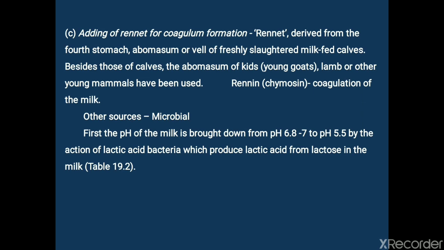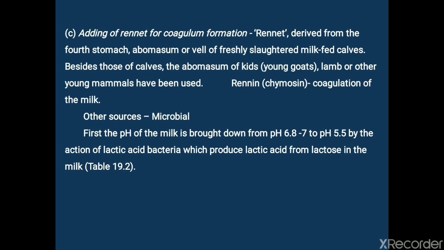In industrial process, initially the milk is inoculated with lactic acid bacteria. It is allowed to be incubated for 30 to 40 minutes for bacterial activity, and later on it is inoculated with this preparation called rennet or rennin extract.